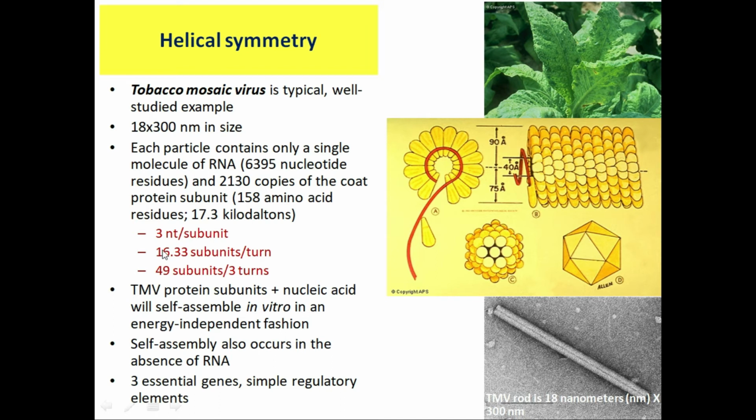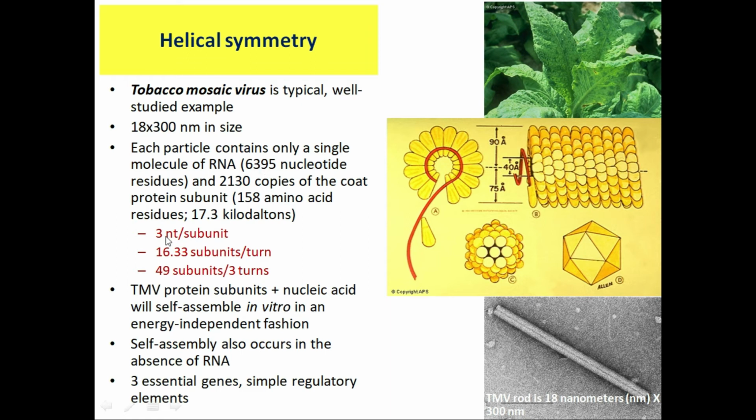Now, how is this nucleic acid molecule arranged properly? See here, we have 3 nucleotides per subunit. So in this length of RNA, there are 3 nucleotides. We have 3 nucleotides here, 3 nucleotides here, 3 nucleotides here. Now, just multiply this number of coat protein with 3 and you will get approximate number of nucleotide residues.